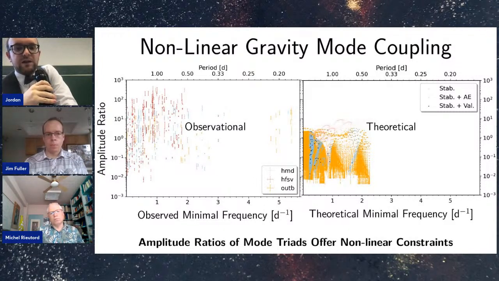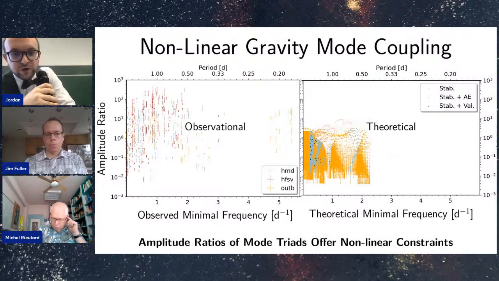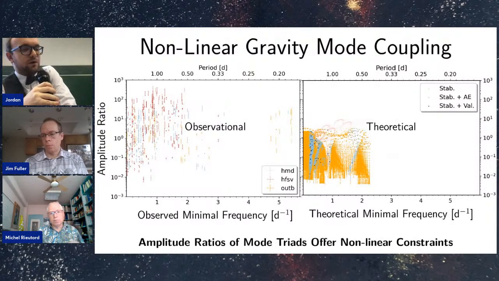In colors we then see those modes. In black you have the modes that fulfill all stability and all validity criteria, whereas in orange we have those modes that fulfill all stability criteria and this amplitude equation validity criterion, not enforcing the isolation validity criterion.